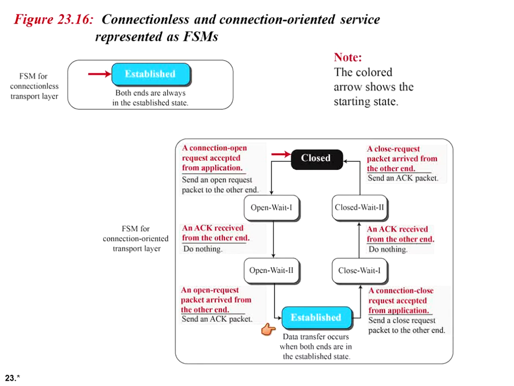And this open request packet is sent to the remote transport layer and moves to the open wait I state. So you can say open wait 1, which is given in Roman. So open wait 1 state. Now when an acknowledgement is received from the other end, the local finite state machine moves to open wait 2 state.